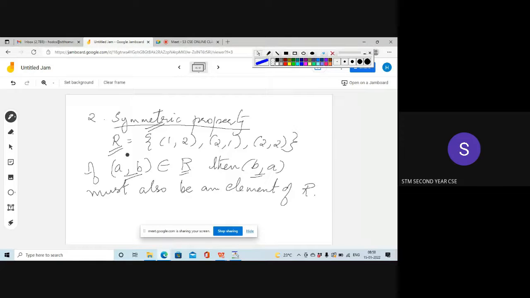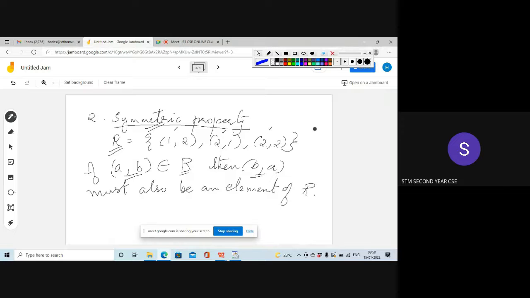Now let us see whether this relation R satisfies symmetric property. The first ordered pair is (1,2). If (1,2) is there, then the property says that (2,1) should be there. So (2,1) is there. The next ordered pair is (2,2). If (2,2) is there, then (2,2) should be there again. If (2,2) is repeated, it can be written just once.